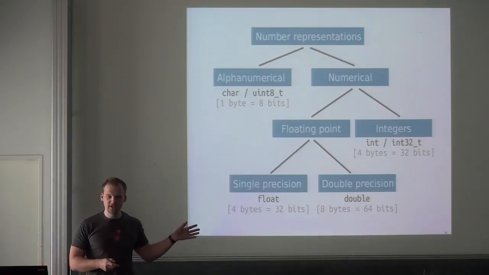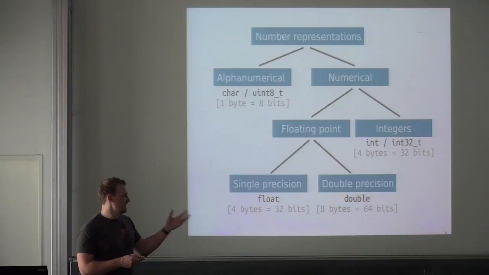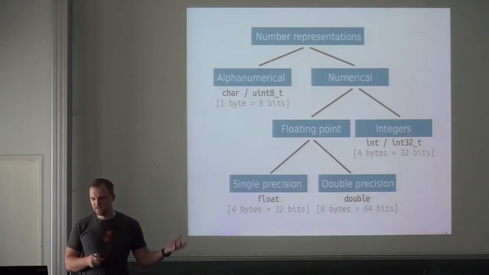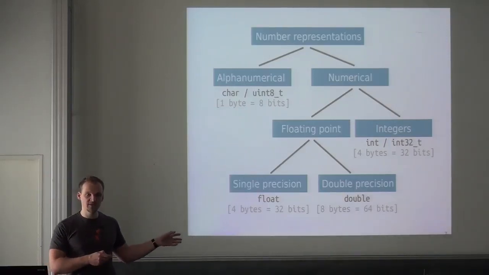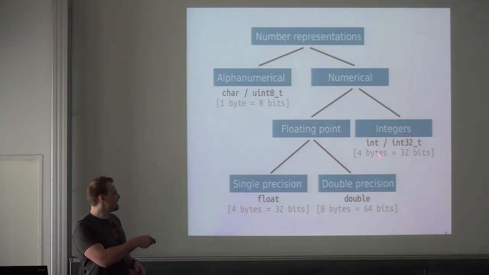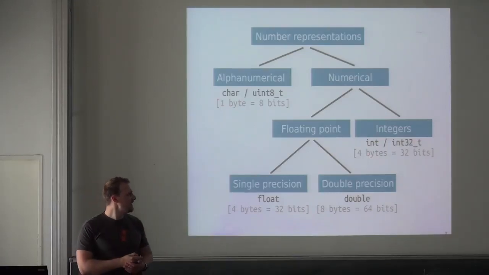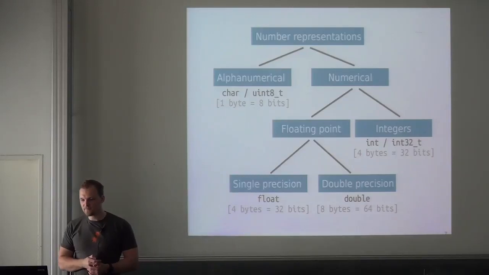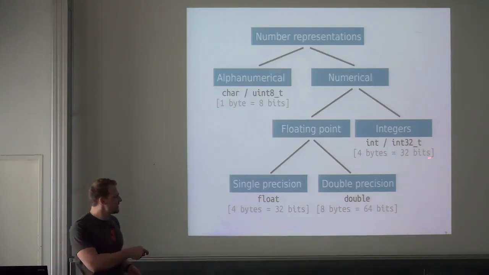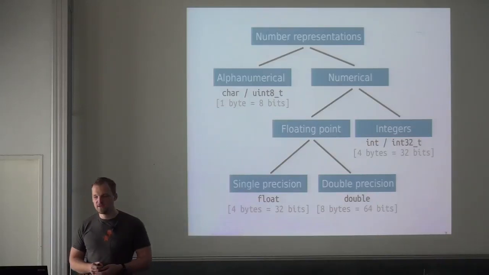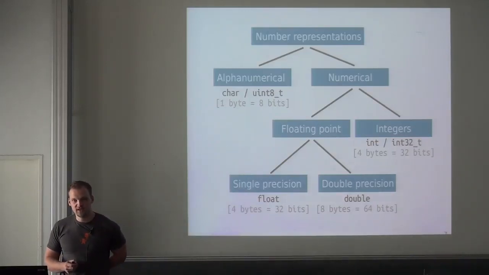Then the numerical types are divided into integers and floating points. The integers take 4 bytes, so they're 4 times bigger than char. Alternatively to integer, you can use this type, which is more explicit, because the size of the types in C++ is not strictly defined.